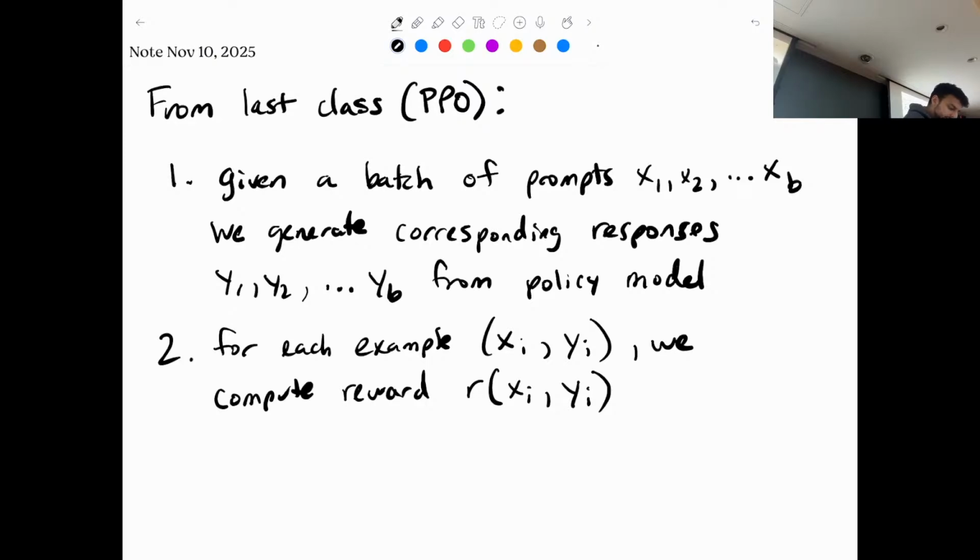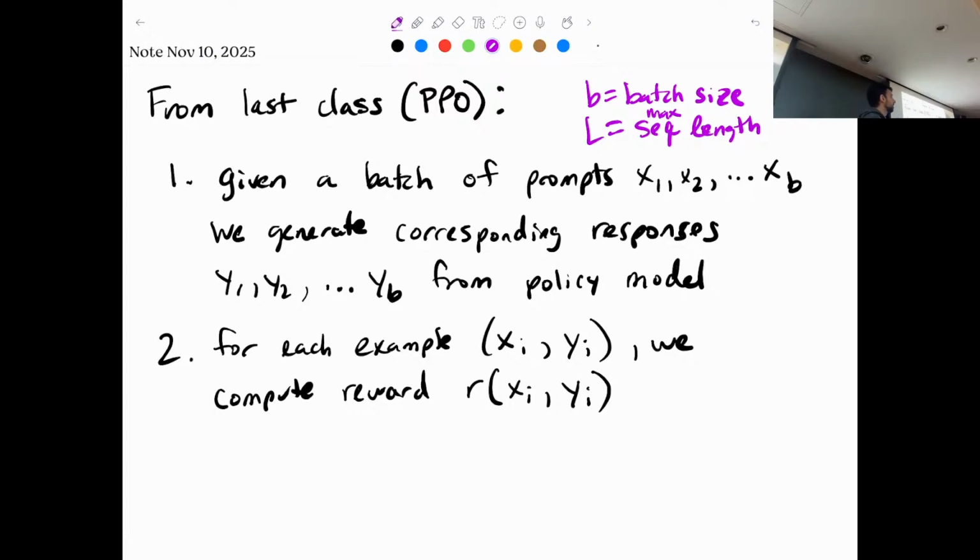So let me make some notes up here about our notation so far. We have B equals batch size, and we might have L equals the max sequence length. One thing that I wanted to emphasize is what the shapes of these different quantities that we're computing are.